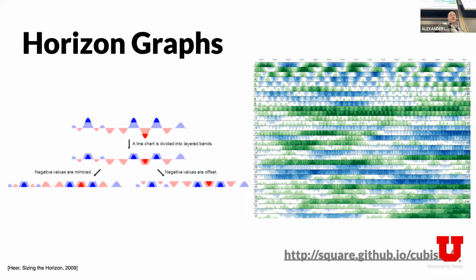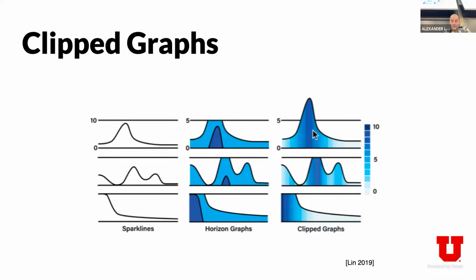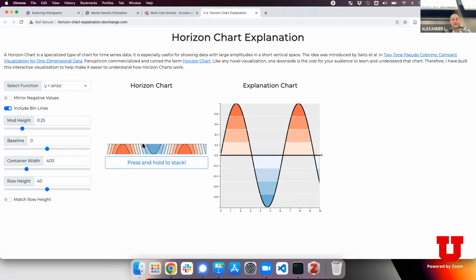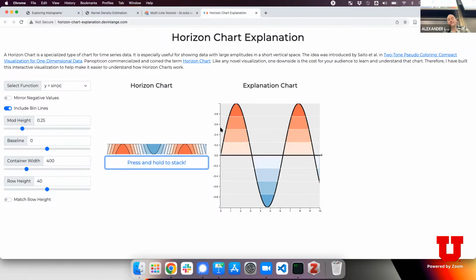To address this, people have invented horizon graphs. Let me actually show this tool here. One of my grad students has implemented this. A horizon chart essentially takes a line like you see here on the right, slices it up according to the bins, and then stacks it.